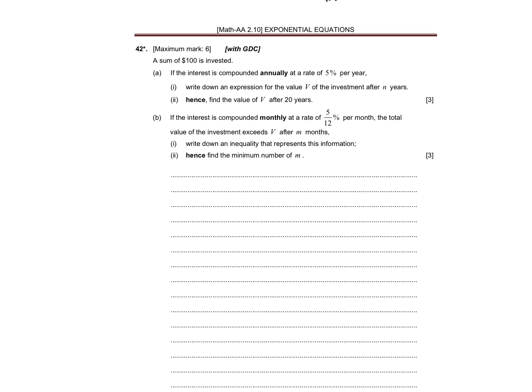All right, 42, back to financial. So we've got sums of hundreds invested if the interest is compounded annually at 5% per year. Okay, so we're going to have the future value is equal to 100, 1 plus 5 over 100 times 1 to the 1 times n.